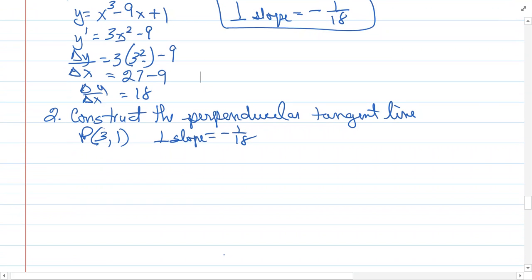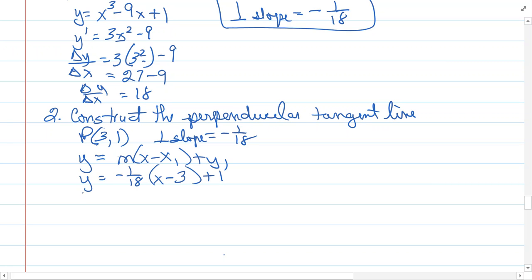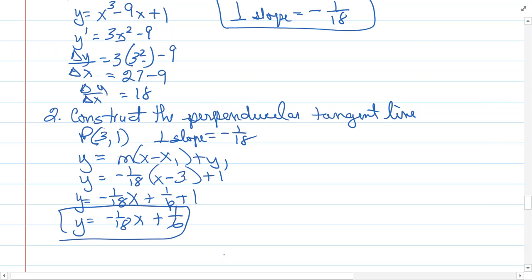All right. So let's do it. And we have everything we need. Two negatives make a positive, and this would be 3/18, or a positive 1/6. All right, so we have the perpendicular.